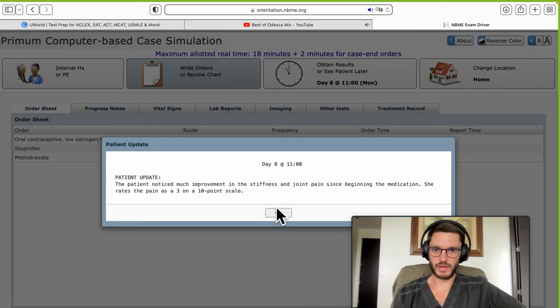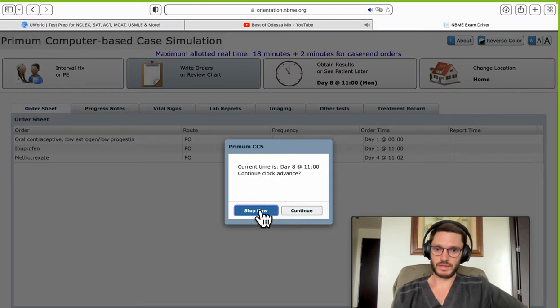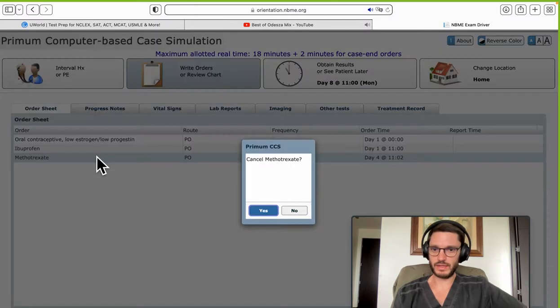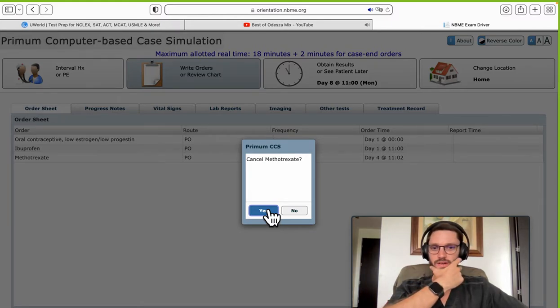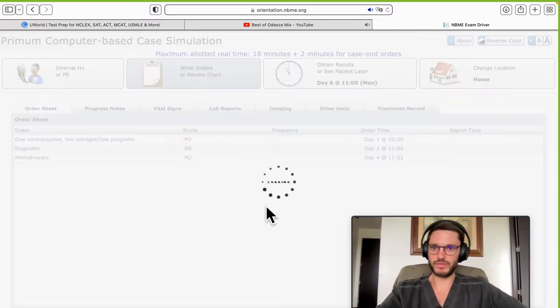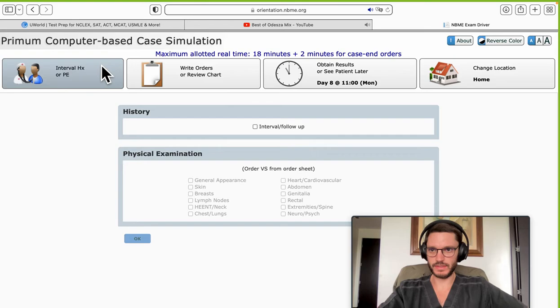Confirm move. The patient noticed much improvement in the stiffness and joint pain since beginning the medication. She rates the pain 3 out of 10. We're doing good. Okay, so now let's suspend the methotrexate or not. Interesting, right? Can we use NSAIDs? Let's use NSAIDs.